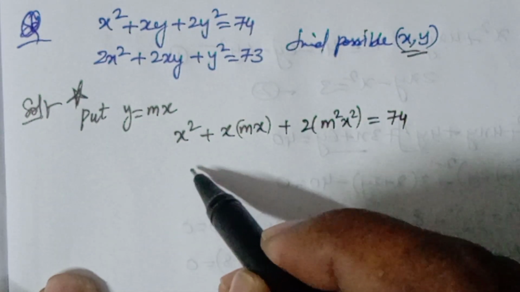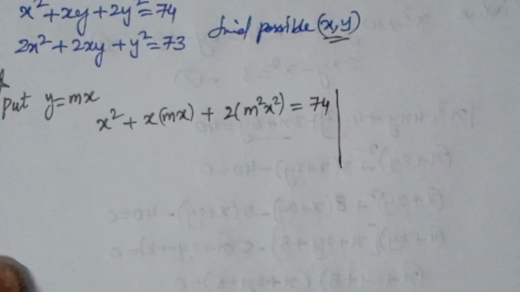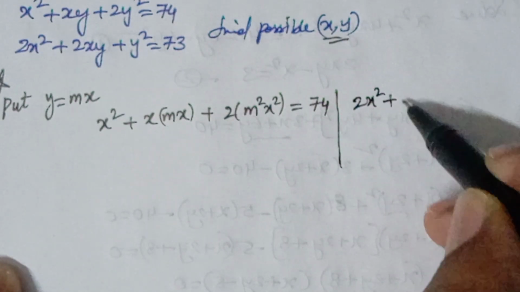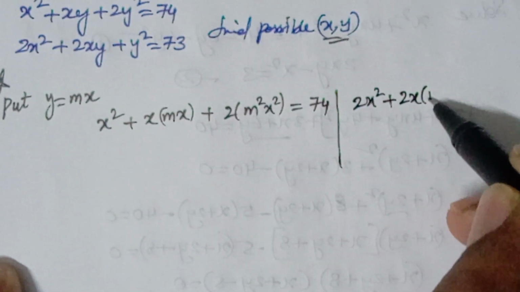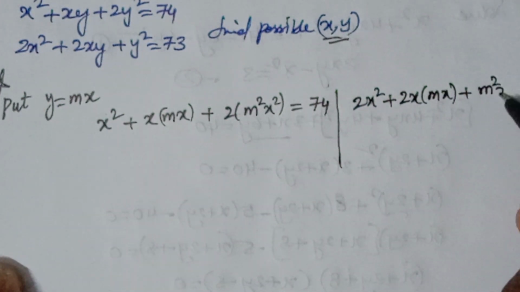If you take the second equation also, what will we get: 2x square plus 2x into mx plus m square x square is equal to 73.